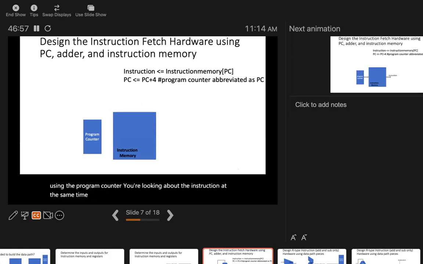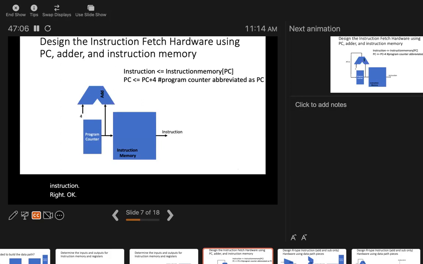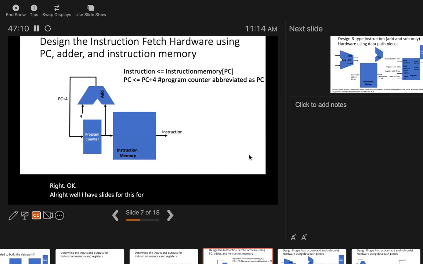The program counter holds the address from where the next instruction has to be fetched. So in goes the address and out comes the instruction. At the same time, the program counter is incremented by 4 and it is fed back. And there you go. We have brought our Lego pieces together to do instruction is equal to instruction memory of PC, and PC is equal to PC plus 4.